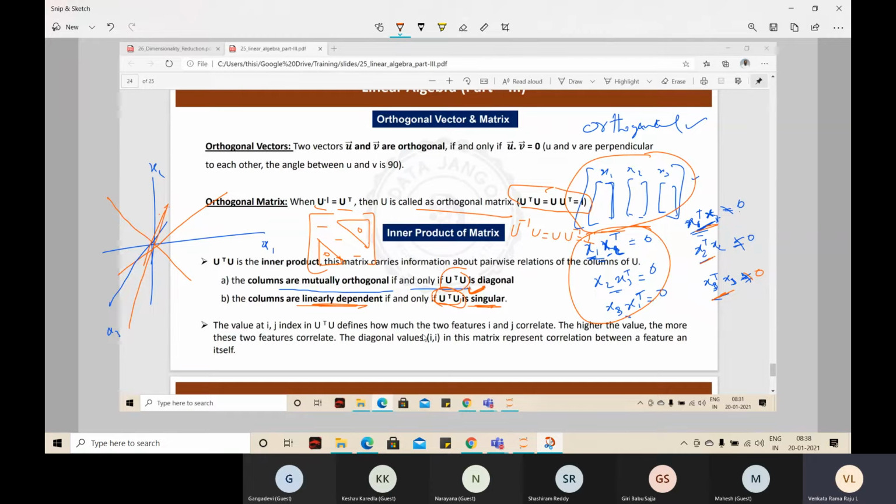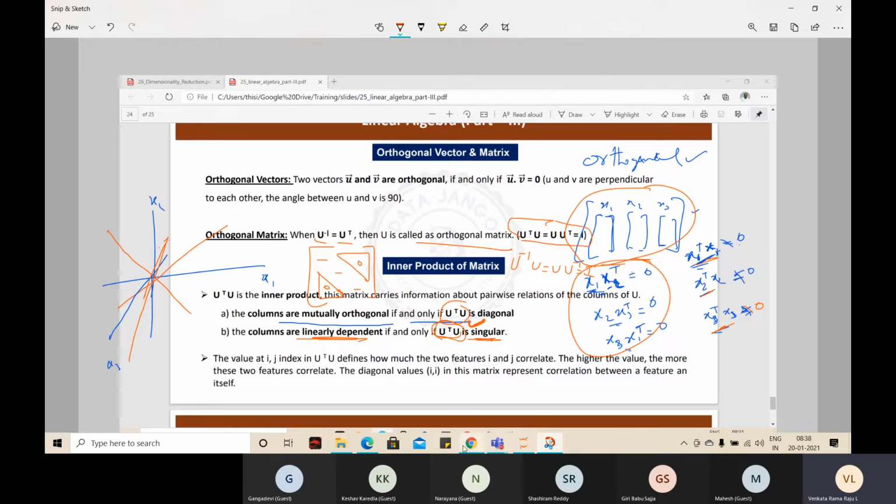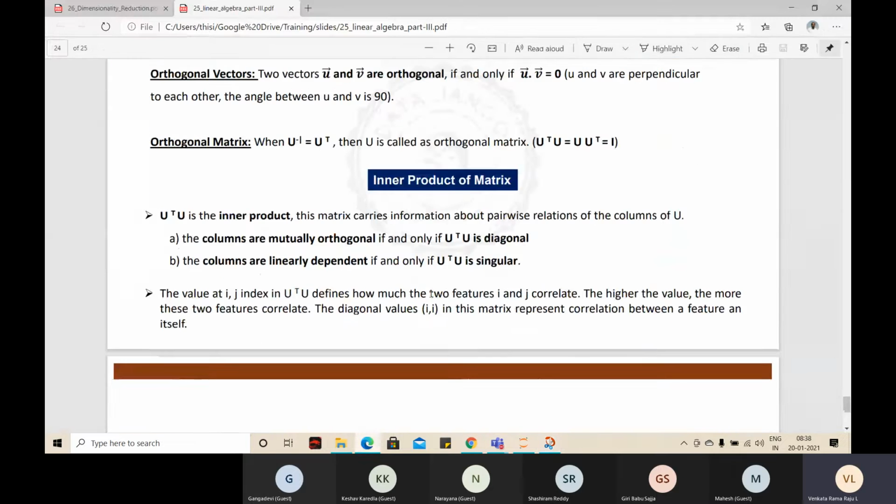The diagonal values in the matrix represent the correlation between a feature and itself. That's not important. I think we understood the fundamentals there.